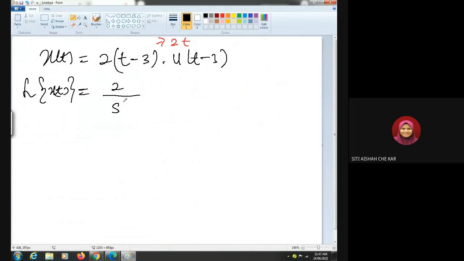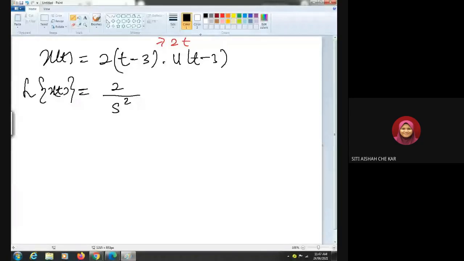Tu kan? Betul tak? Tak ada negatif. Betul, betul. Okay. Tapi sekarang ada shifting kan? So, jawapan kita kena cuma darab eksponen negatif 3S. Betul? Betul. Okay.